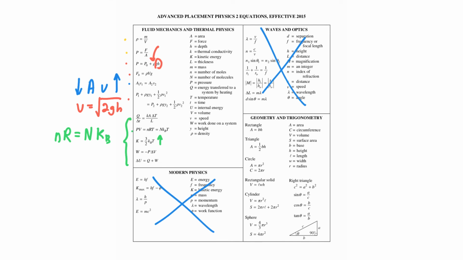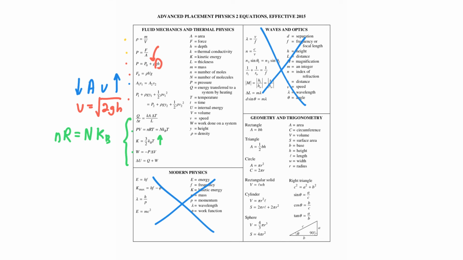We know that the work done is equal to a pressure times the change in volume, because if the volume of a system changes, then work needs to be done. And there's a negative sign out in front of that for the following reason.